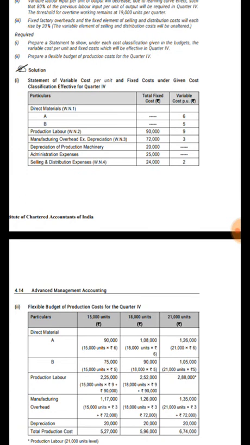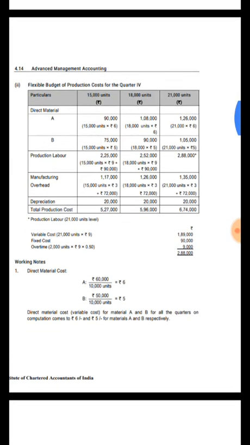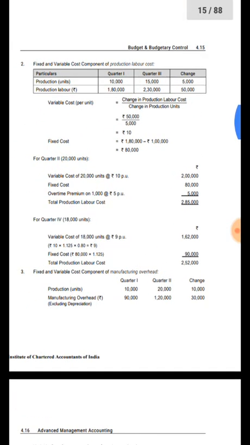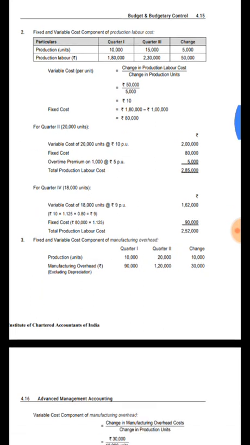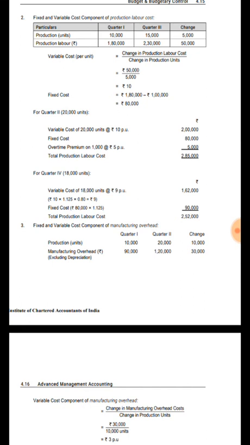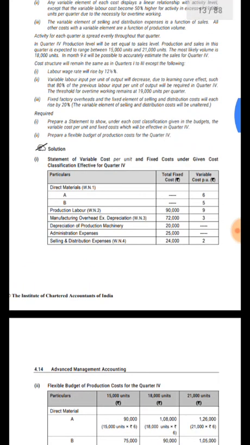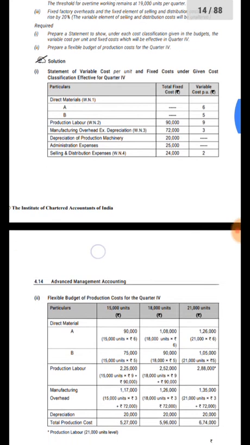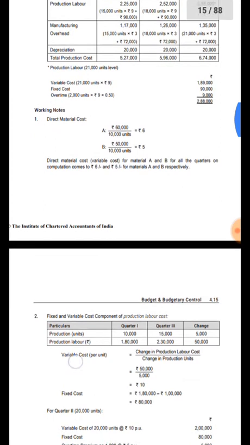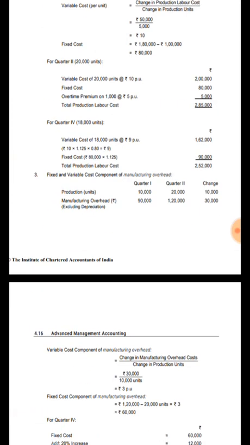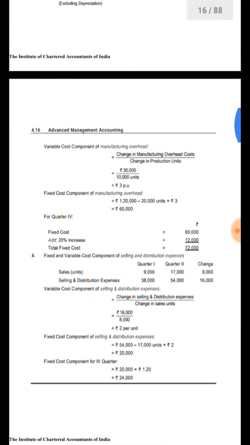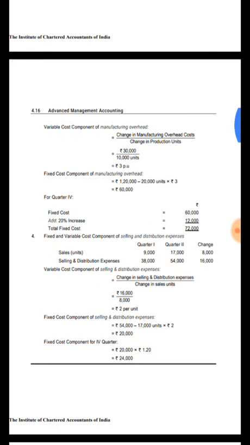Then production labor. For quarter 4, it is 9 rupees variable and 90,000 fixed. Then manufacturing overhead excluding depreciation: 3 rupees variable and 72,000 fixed.